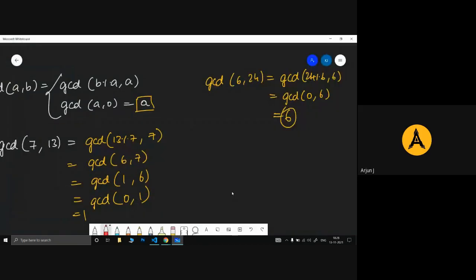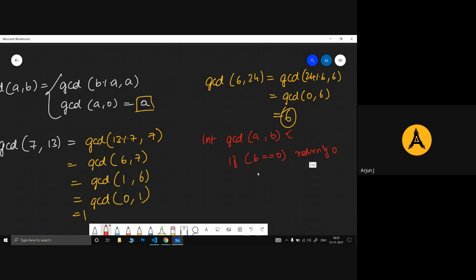Let's continue. So how do we implement this? In the first place, let us declare a function GCD of int a comma b. I'm just writing the pseudocode. If b equals 0, in that case, we would be returning a.